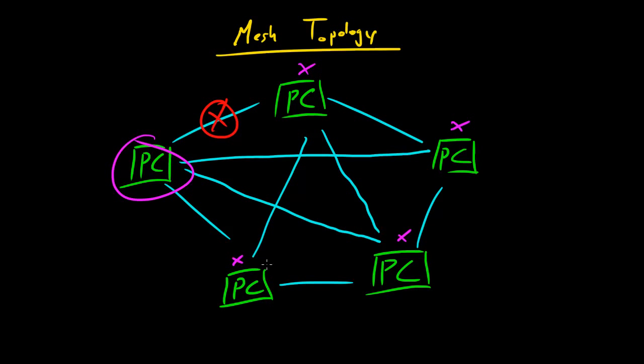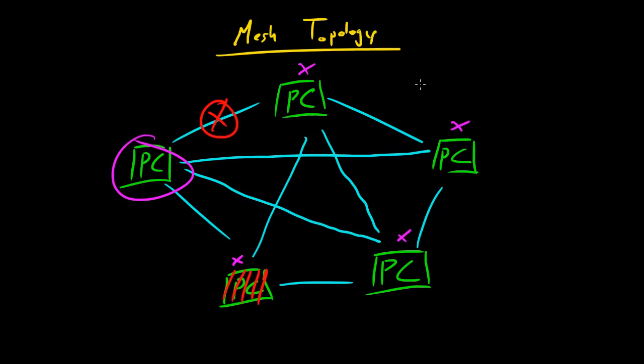Probably easier if I draw it like this, from here to here. Well, if this PC went out, then your data could still go from here to here, or from here to here, and so on and so forth. So even though when you add PCs it would get more complicated as an entire network, it would also provide more communication paths.